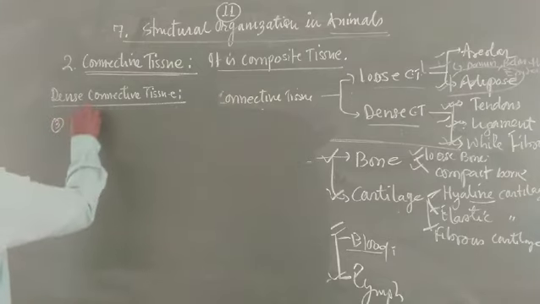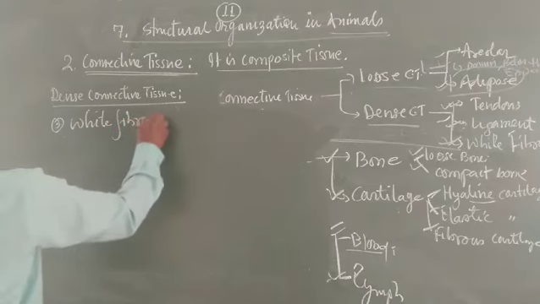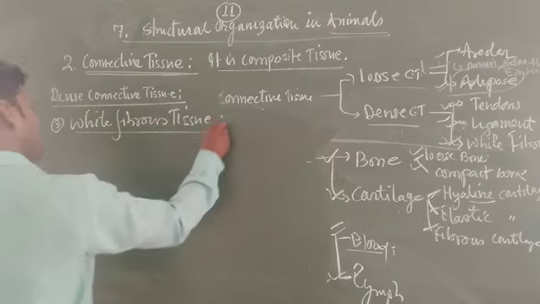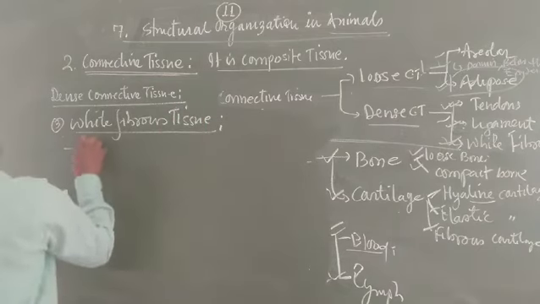Third, white fibrous tissues. The white fibrous tissue consists of rows of fibroblast.